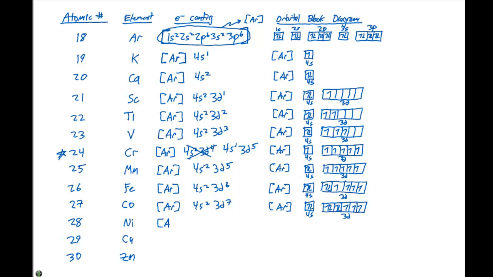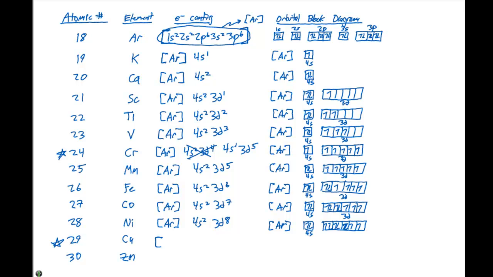For nickel, we have our argon configuration. It's going to be 4s2, 3d8. So we have our argon noble gas core. The 4s orbital is filled with 2 electrons, and we need to put 8 electrons in the d orbitals. So this is going to have 2 unpaired electrons in a nickel atom.